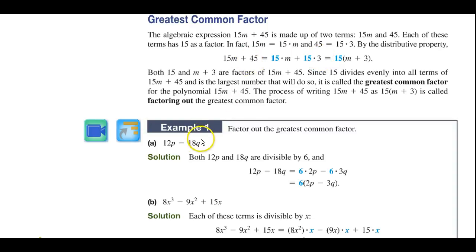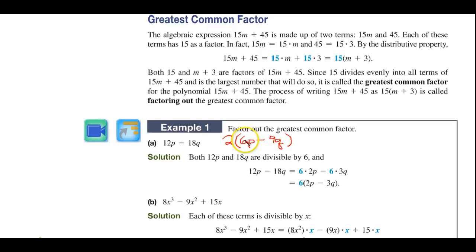So as we look at example 1, we're asked to take the greatest common factor out of these two terms. Now notice they're both even, so you might think, well, I could take a 2 out of each term, and then I would get 6p minus 9q.